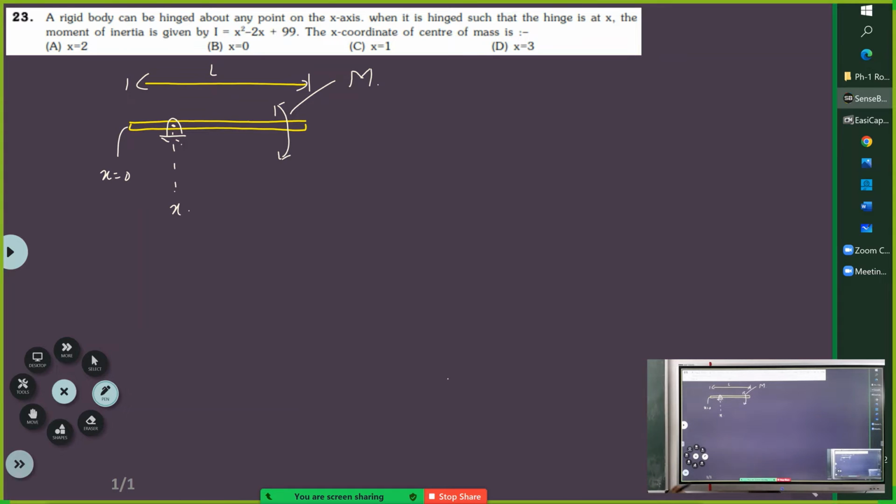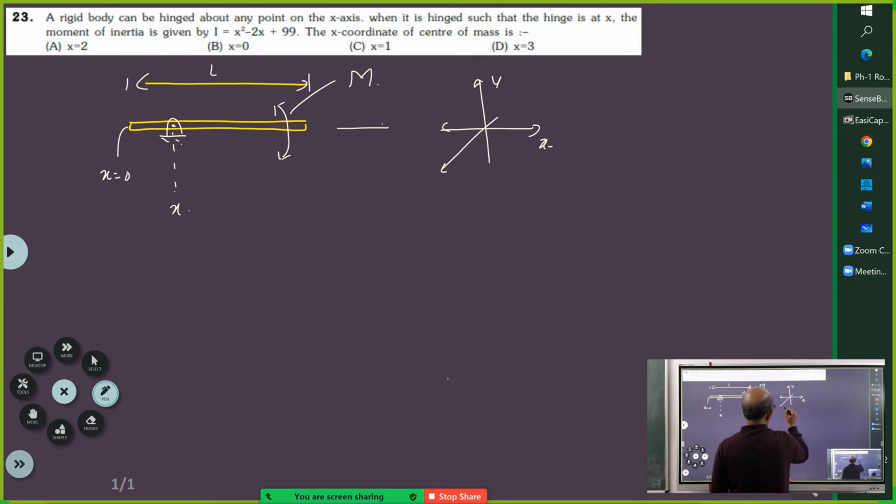Okay? And they are told a rigid body can be hinged about any point on the x-axis, such that the hinge is at x, and the moment of inertia. Now if you mark the direction as x, and then you take this as y, and then of course you will take this as z axis, right?